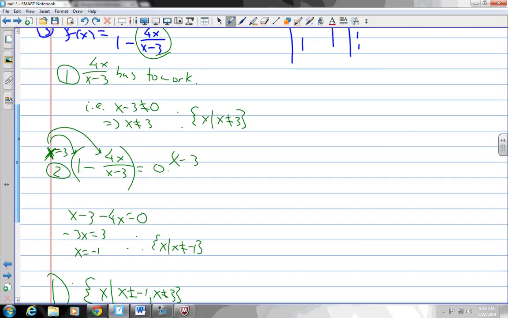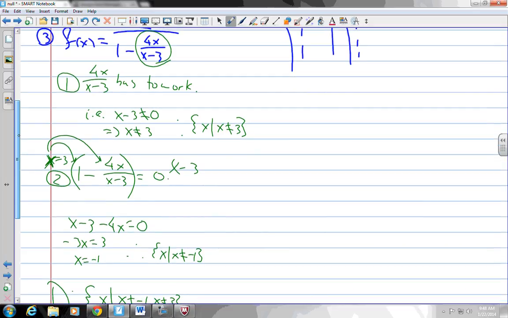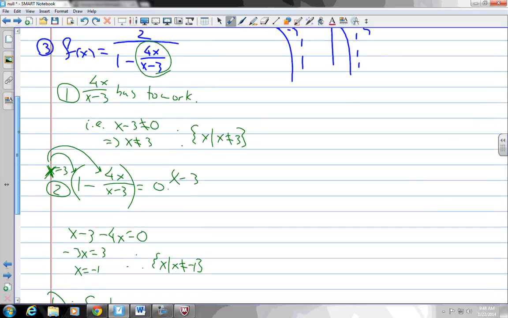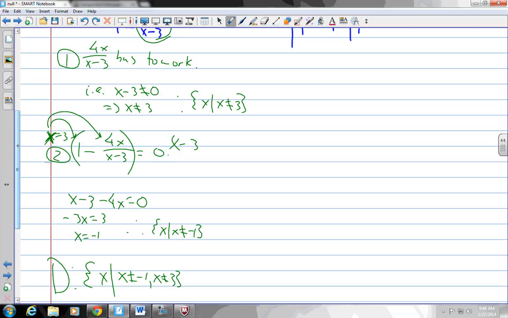So I had to take care of two things. Make the little fraction happen, then make the big fraction happen. Yeah, that's what you do. Now, don't write this down, but if I went ahead, what was the problem? It's 2 over 1 minus 4x over x minus 3. If I went ahead and just simplified this right away, multiply this by x minus 3 over x minus 3, see what happens.